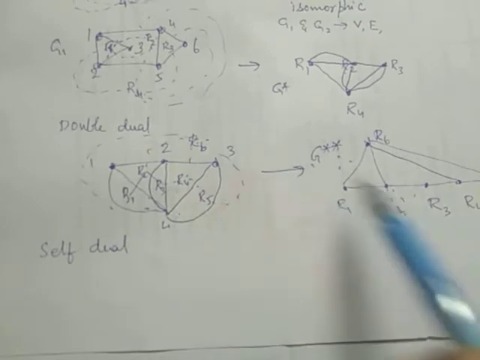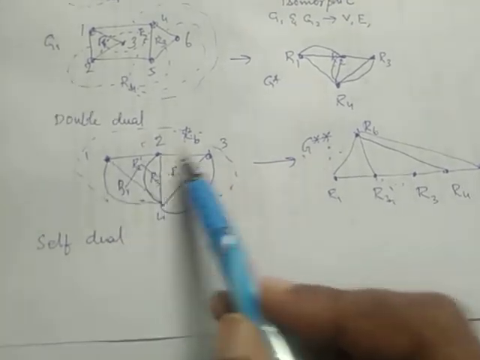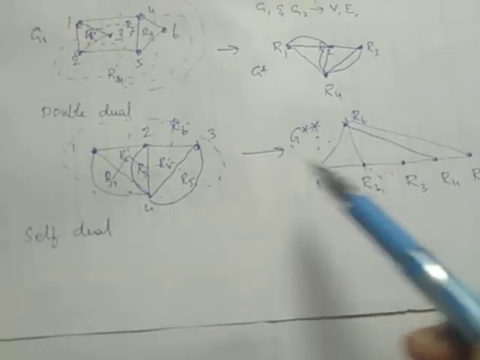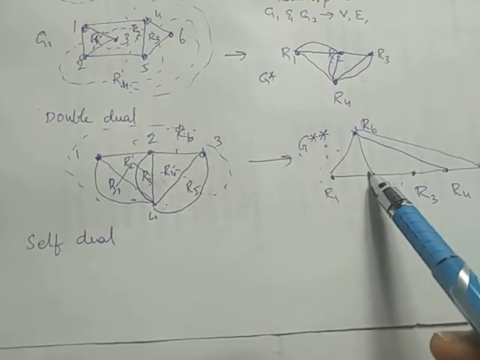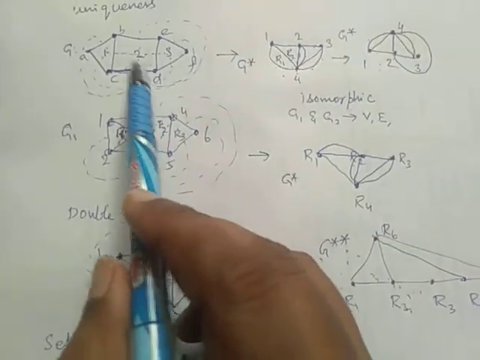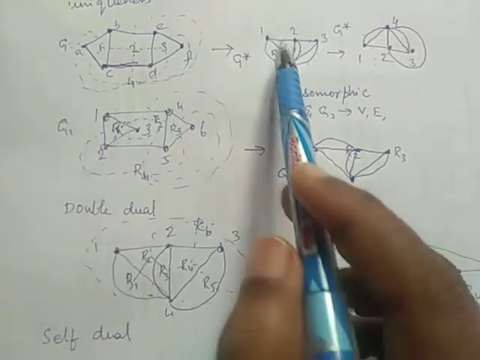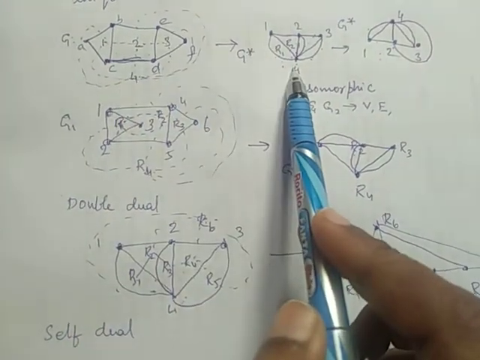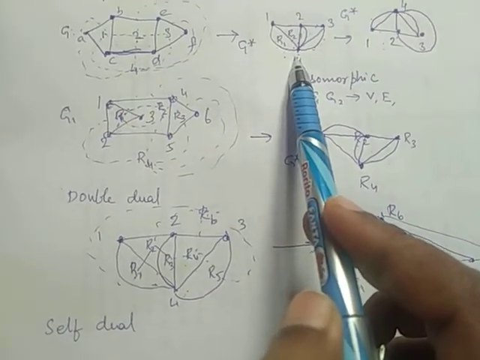In this case, we have 4 vertices, but here we have 6 vertices, so G star and G double star are not isomorphic to each other. Same here: here we have 6 vertices and here only 4 vertices, so G and G star are not isomorphic to each other.